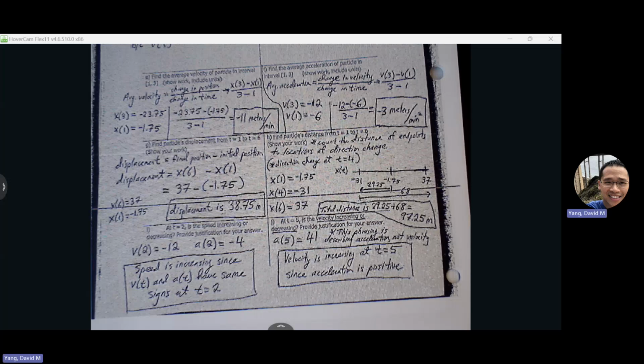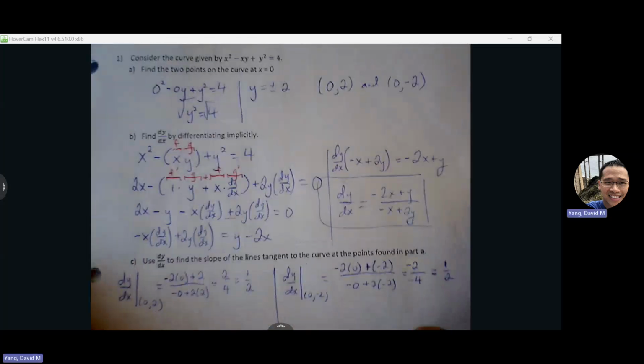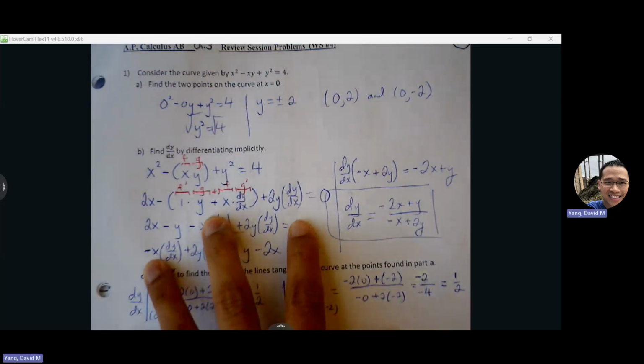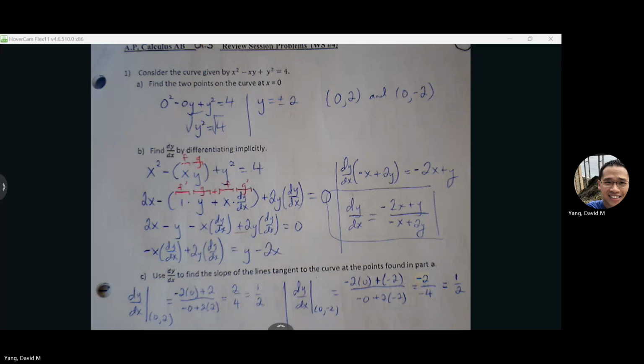Yeah, let me show you. I did this before. Let me show them on the board. So here, you see x and y are being multiplied, right?